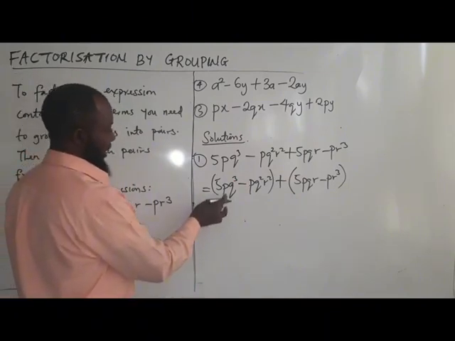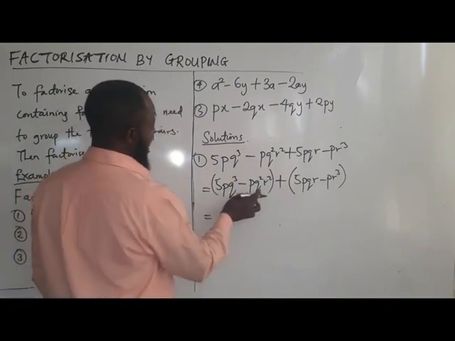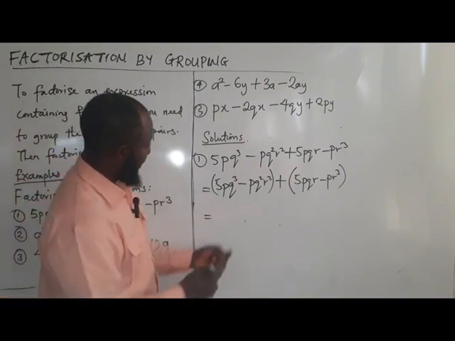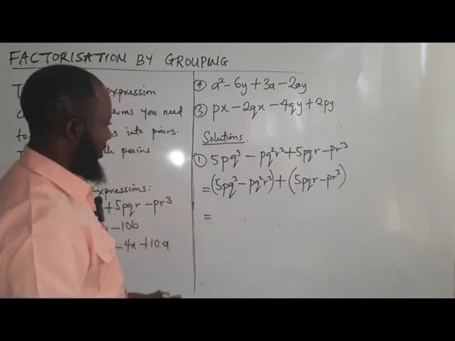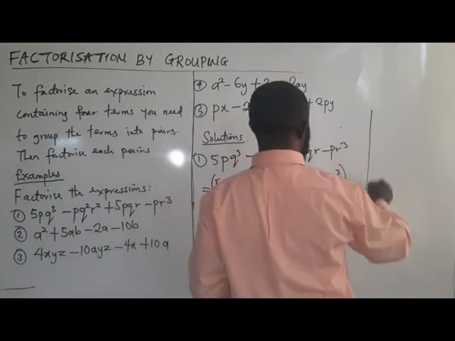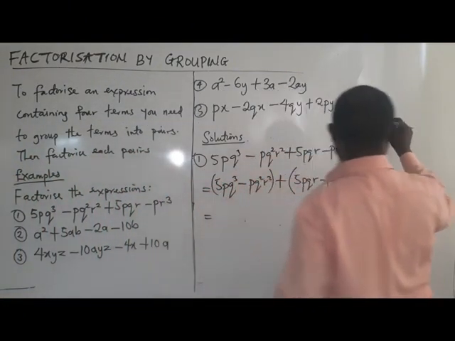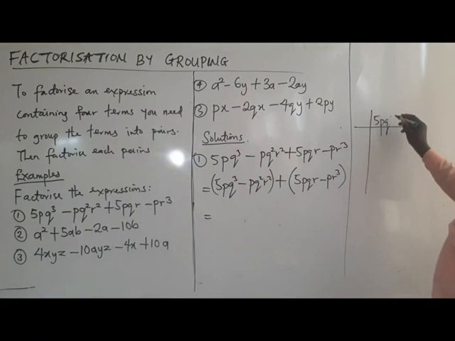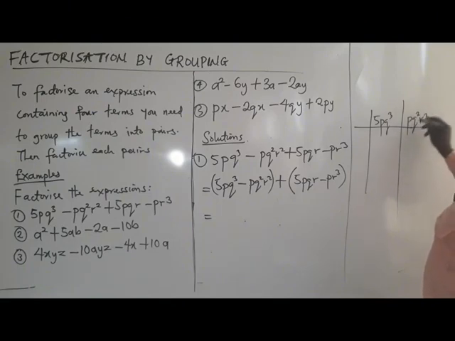For the first pair, let's factorize. What is common to this term and this term? Just like we have factorized before, we find the HCF first. For 5pq cubed and pq squared r squared, p is common first, so we have 5q cubed and q squared r squared.